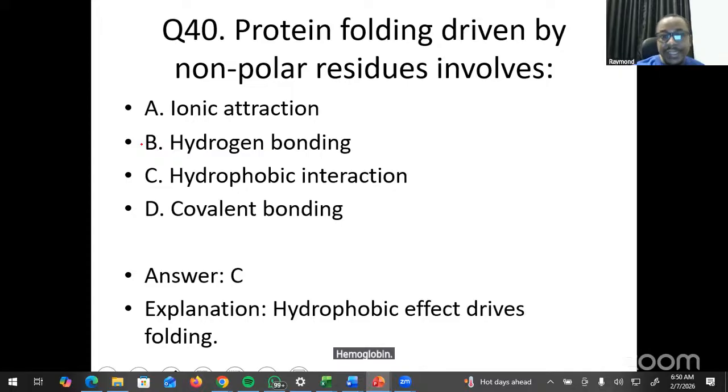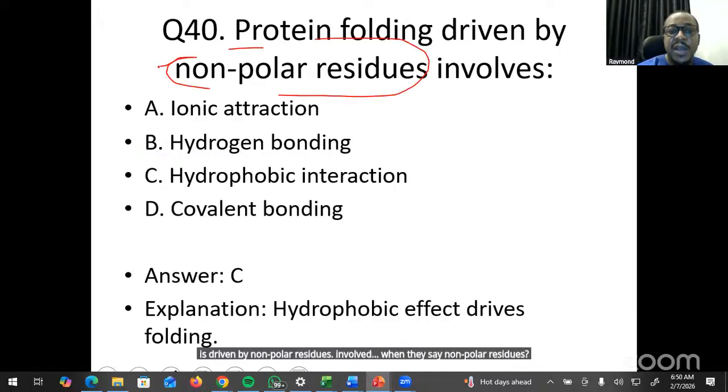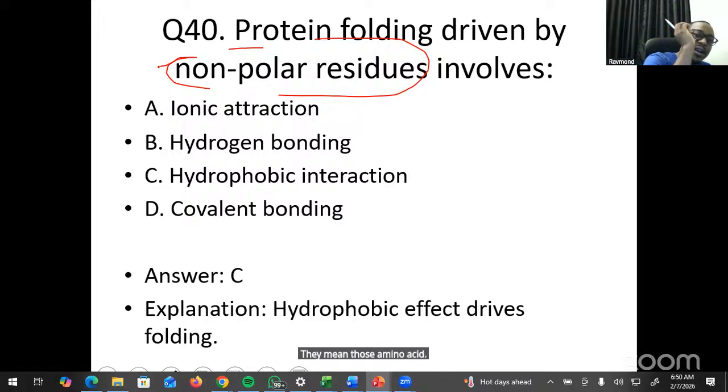Protein folding is driven by non-polar residues involved in what? When they say non-polar residues, they mean amino acids like leucine, isoleucine, valine, alanine, phenylalanine, tryptophan.